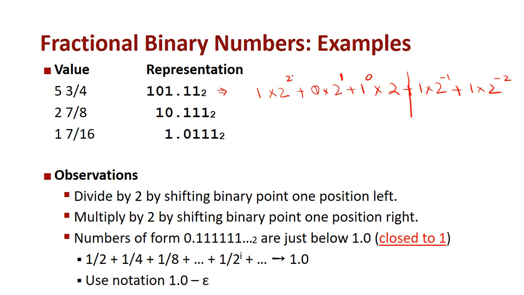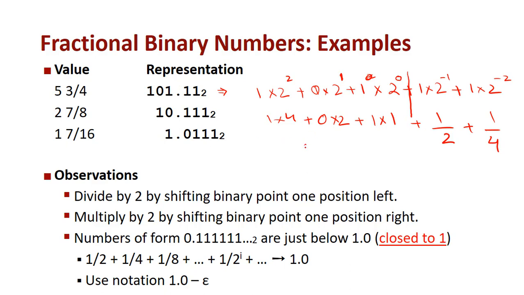So it will be converted into 2 to the power 2 into 1, that is 4, plus 0 into 2, plus 1 into 1, plus 1 upon 2 plus 1 upon 4.